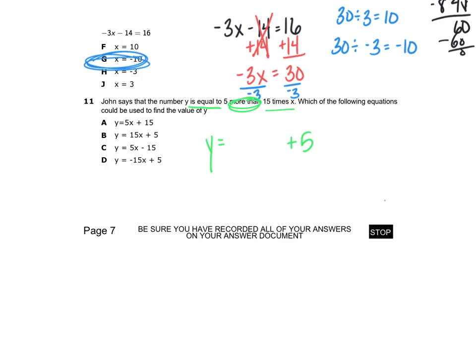And then I have 15 times x, so that's 15x. If nothing else, you could look at this 15 times x and find things that say 15x. So it's between those two. This does not say negative 15, so that cancels out D. So it has to be B.